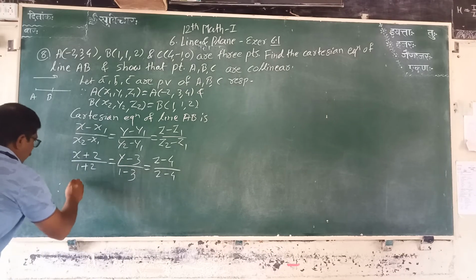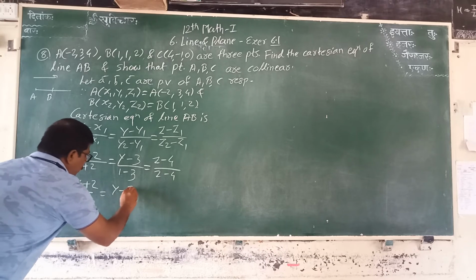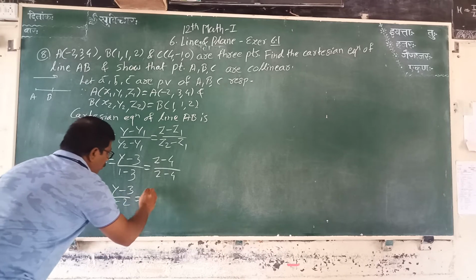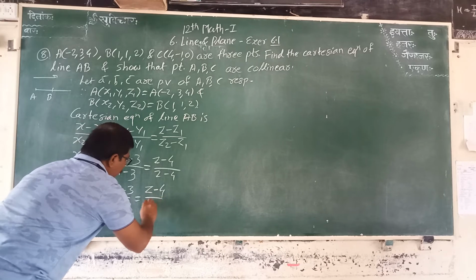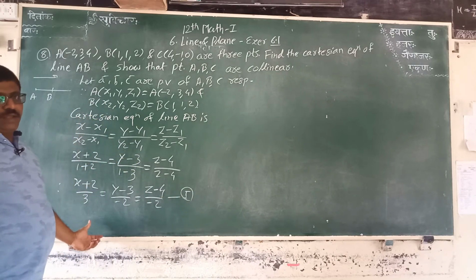Therefore, (x plus 2) upon 3 is equal to (y minus 3) upon minus 2 is equal to (z minus 4) upon minus 2. This is the Cartesian equation of line AB.